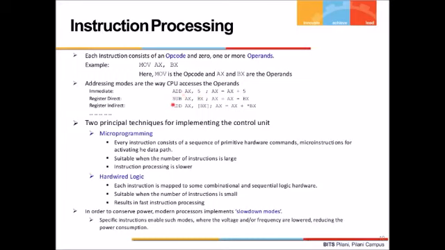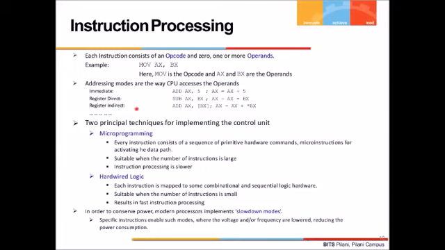Now, SUB AX, BX means AX equals AX minus BX. You subtract the content of BX from the content of AX and store that in AX. Here we are using the register content directly, which is why it is called register direct mode.